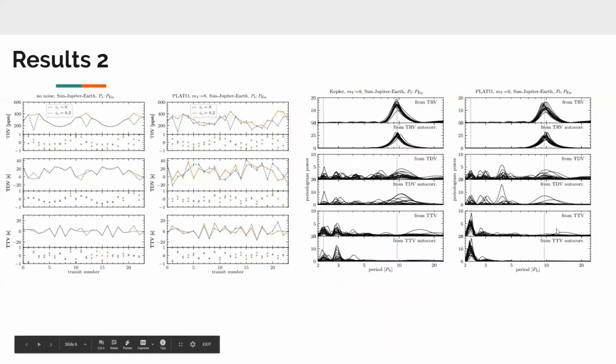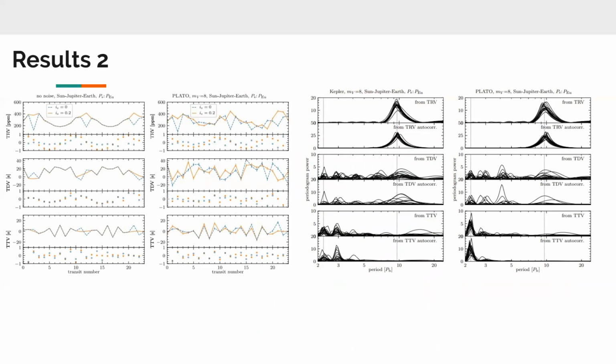Okay, so next, we're going to look at the TTV and the TDV, and also the TRV effects of the Earth-sized moon around a Europa-sized orbit of the planet. So this is including the exomoon.